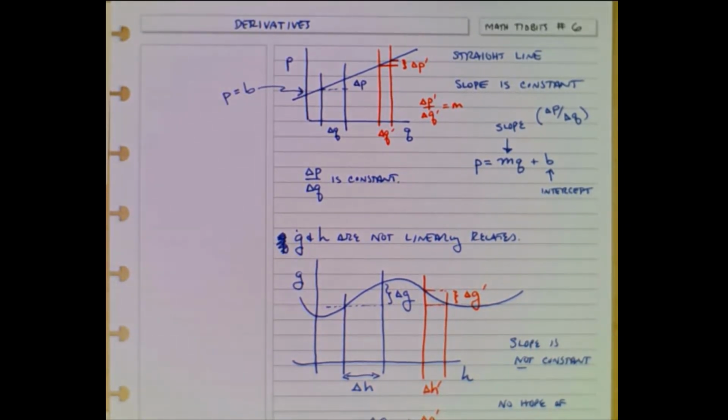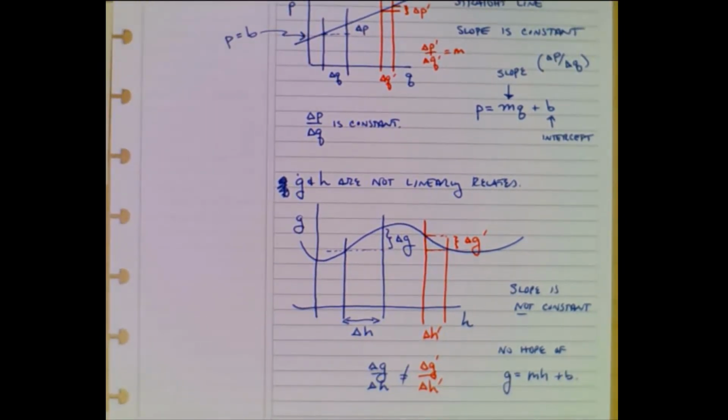However, other powers of h might apply. Okay. So the slope is changing, but we can investigate the slope as a function of the independent variable h. And that's certainly interesting to do.